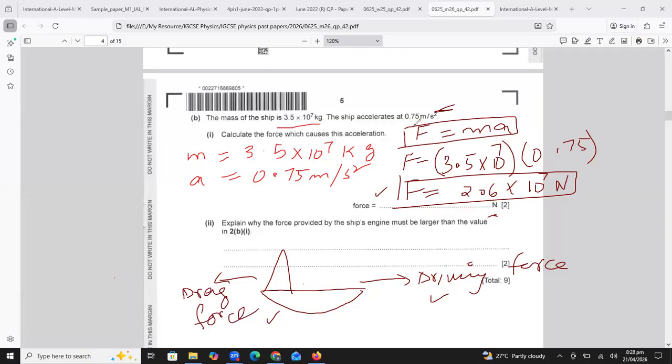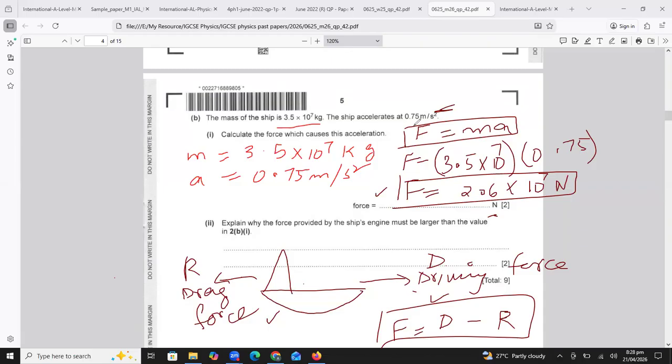If I ask you to find the resultant force, these two forces are acting in the opposite direction, so we have to cancel these two forces. So driving force minus resistive force, the drag force. After subtraction, we will get the resultant force and this resultant force will become less.